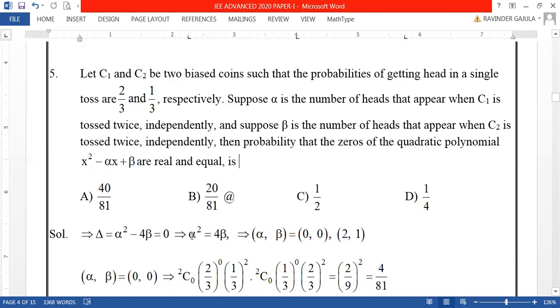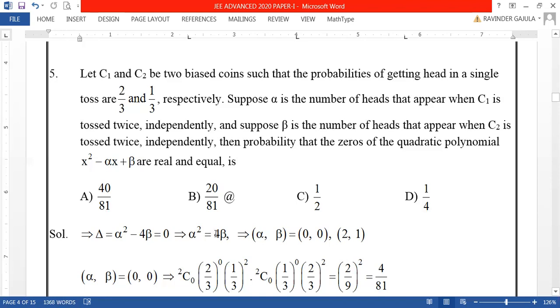When alpha is 0, alpha square is 0, then beta must be 0. Otherwise, when beta is 1, 4 beta is 4, so alpha must be 2.